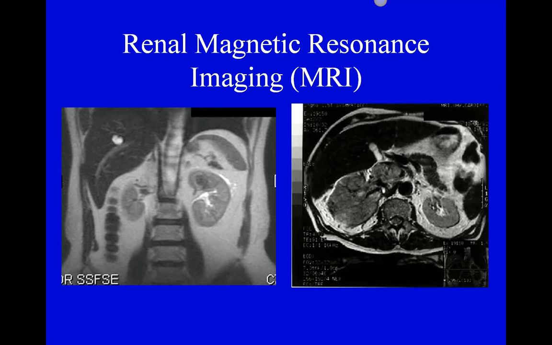So if we want to look at an organ, muscles, tendons and nerves, those things that are soft tissue, a lot of times a physician may choose to order an MRI rather than a CAT scan or an X-ray with contrast media. Can you see the detail of the kidneys? So we can see the ureter coming off here.